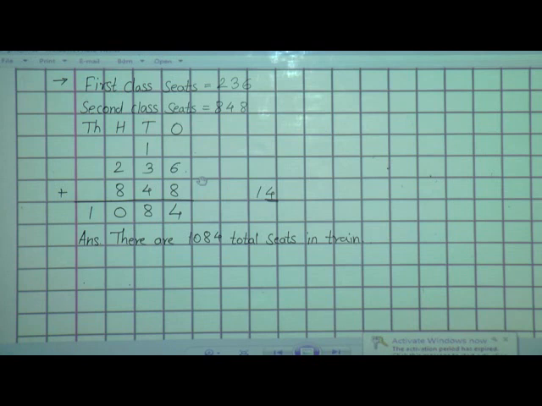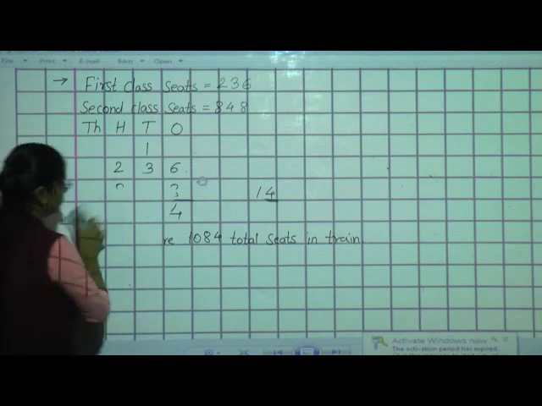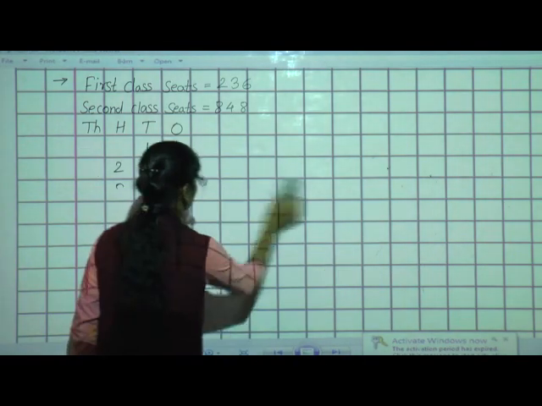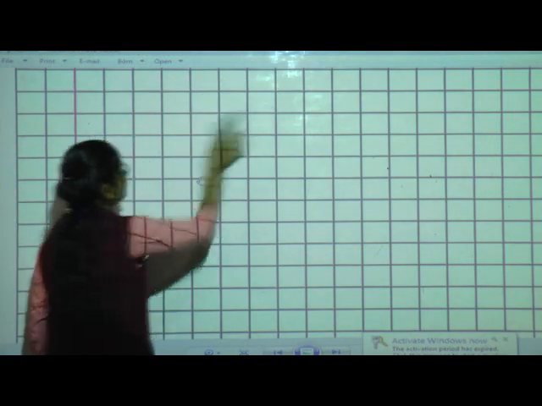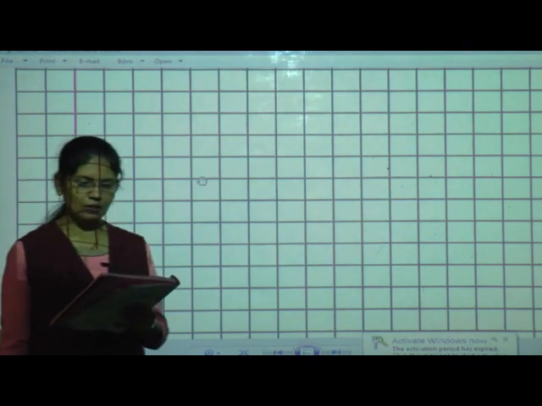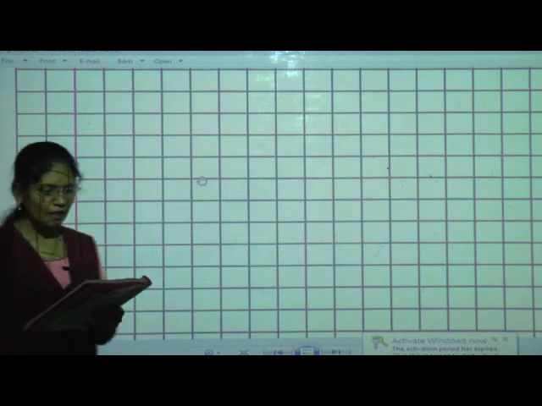In this way we can solve the second sum. Now we will see the third one. Read the question in your mind. Sayyid has 468 stamps. His sister Amina has 895 stamps. How many stamps do they have in all?